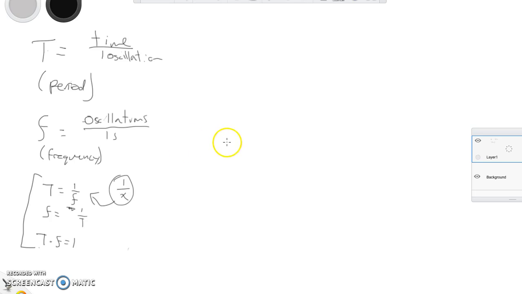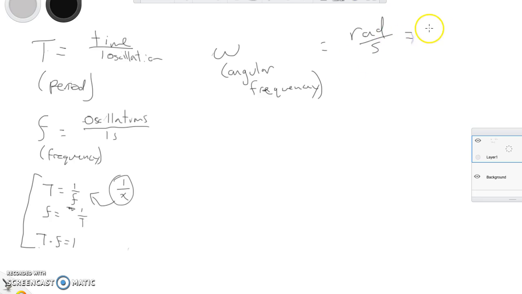And we have this other term called angular frequency, which is analogous to angular speed. This is the number of radians per second, and it is found by taking 2 pi, the number of radians in a full oscillation, dividing by the time, or multiplying 2 pi times the frequency.